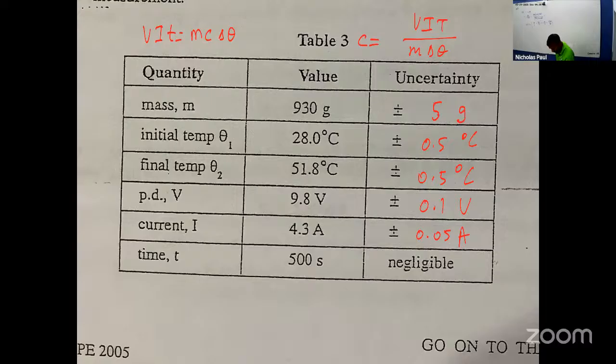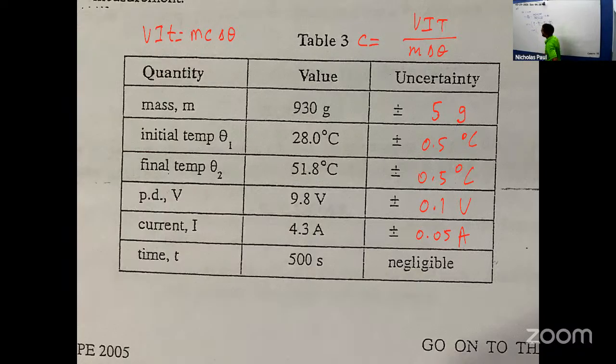Right. What you all got? What you got for C? 0.951. And then you have to plug in your values, right?